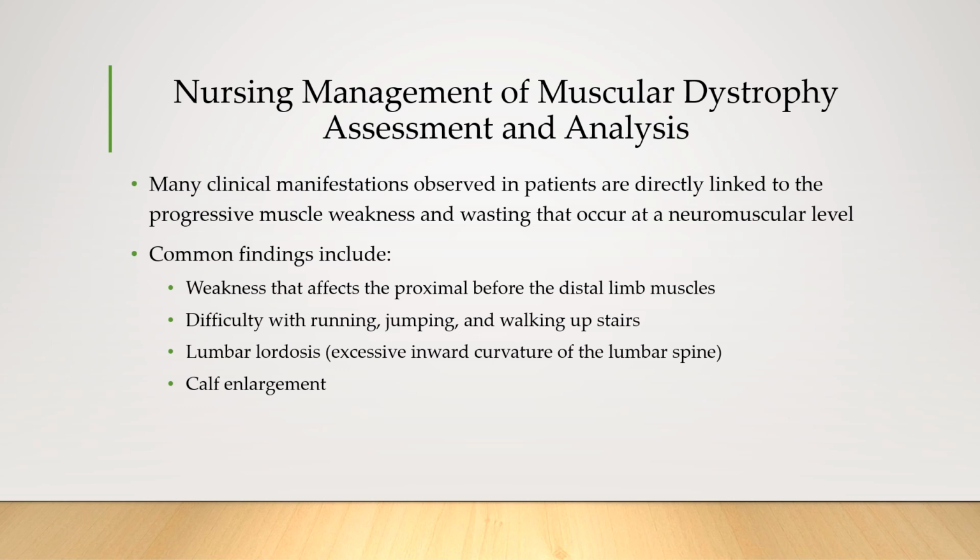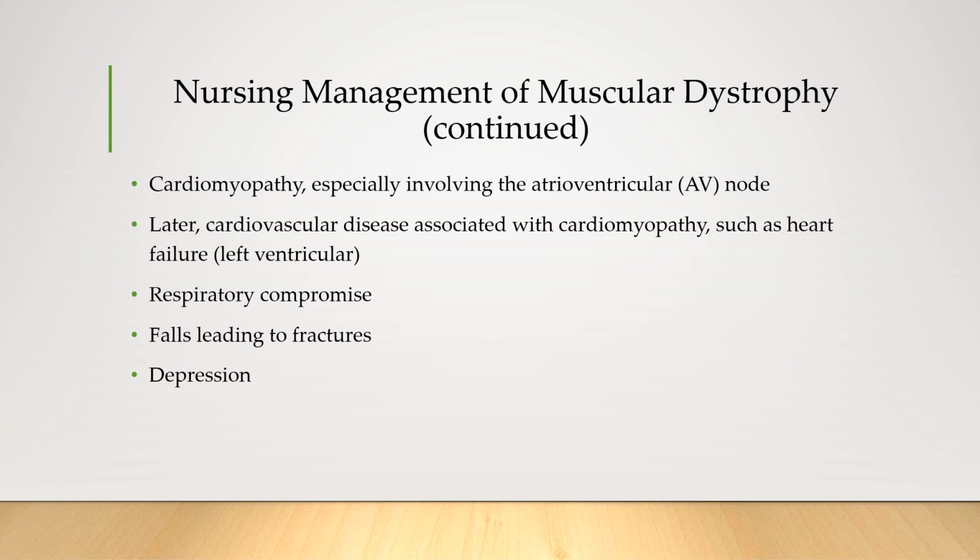Lumbar lordosis is excessive inward curvature of the lumbar spine, and calf enlargement. Cardiomyopathy, especially involving the atrioventricular node, the AV node, and then later cardiovascular disease associated with cardiomyopathy, such as heart failure, left ventricular heart failure to be specific, respiratory compromise, falls leading to fractures, and depression.